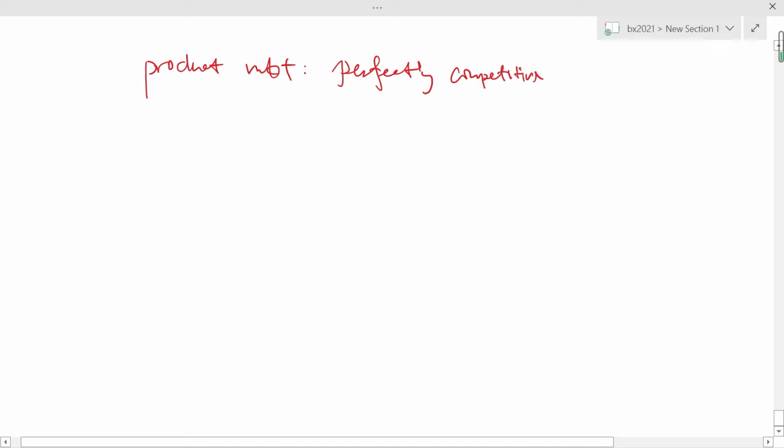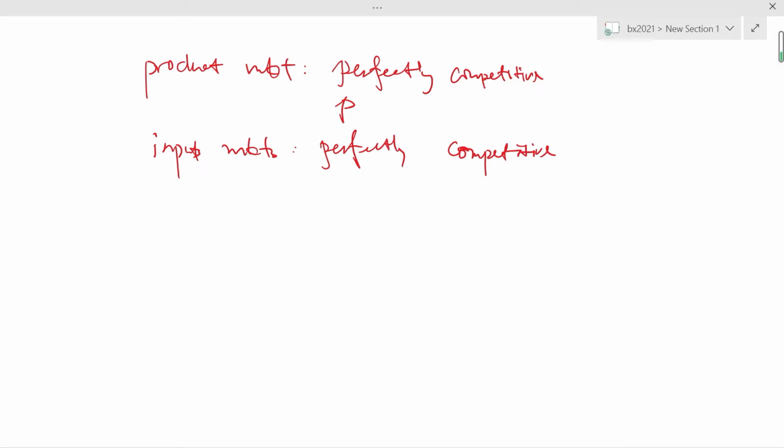Then the firms can sell as many as they want at the market price, maybe P. And the inputs market, which includes both the capital and labor markets, is also perfectly competitive. Then the firms can purchase inputs in the inputs market at the market price as many as they want.